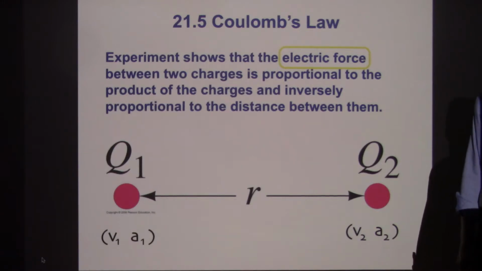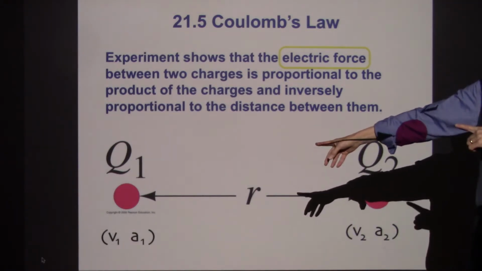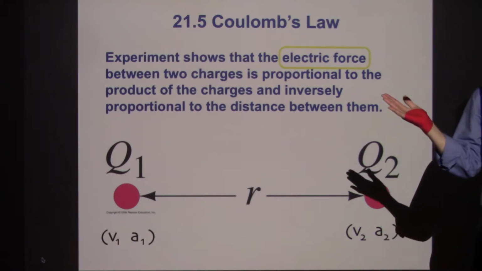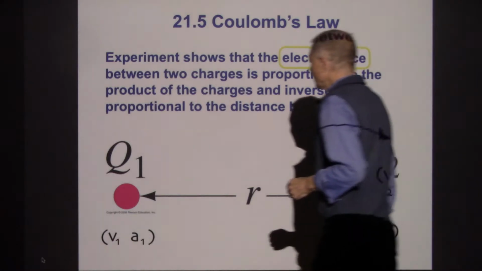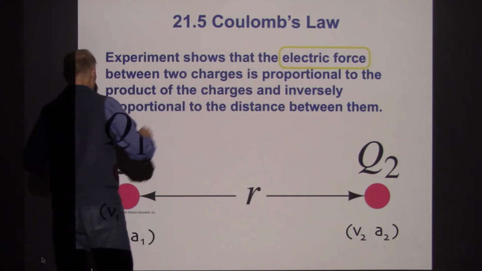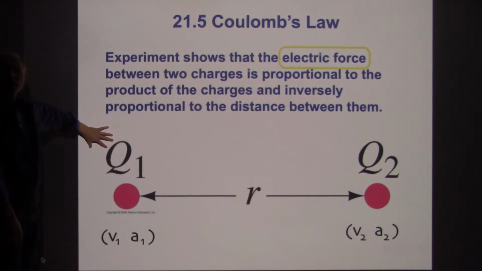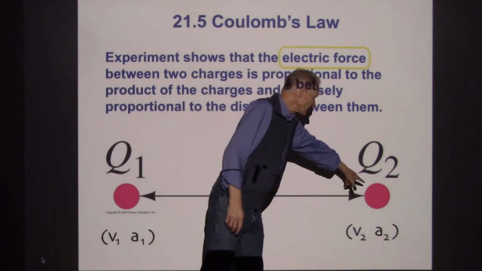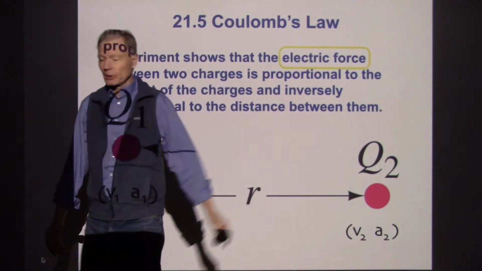And so maybe it's too soon, but anyway, we're going to use big Q to represent electric charge. So make that distinction right now. Don't think that this Q has anything to do with thermodynamics. This is the amount of electric charge that this object possesses. And Q2 is the amount of electric charge that that object possesses.